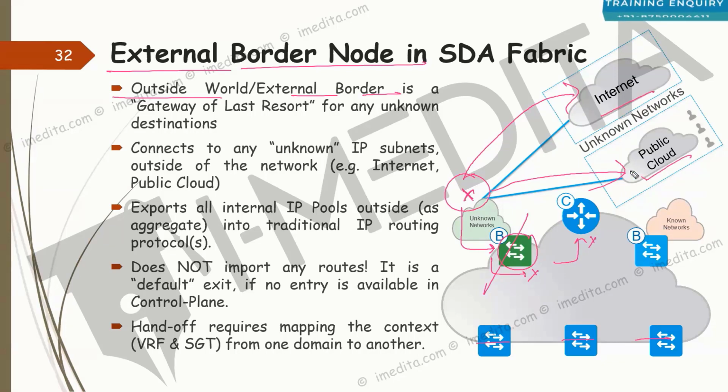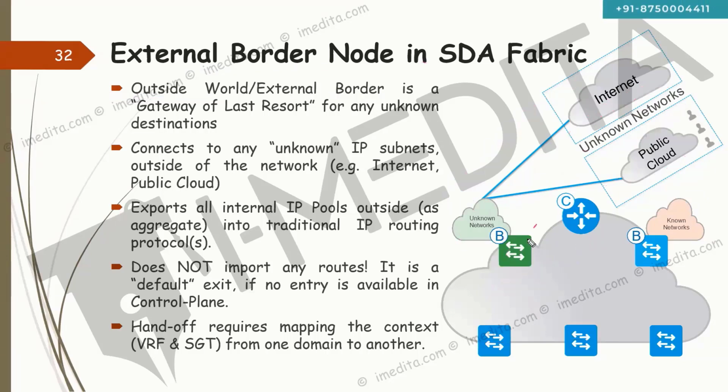Default route. It connects our SDA network to the outside network that is not under our control, some unknown destinations, such as, for example, the public cloud or the internet.